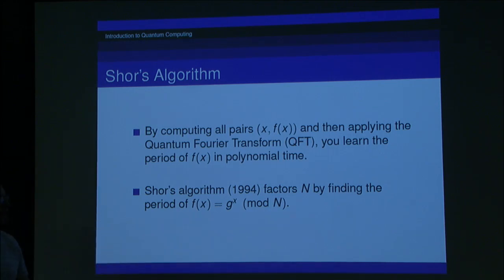In 1994, Peter Shor found a way to factor n by finding the period of g to the x mod n. And you know RSA. What's the period of g to the x? It divides phi of n. So if you can find phi of n, you can factor. So that's the idea.